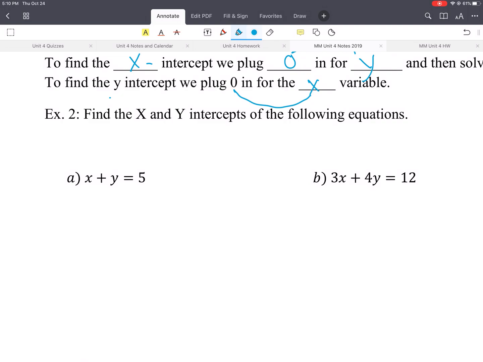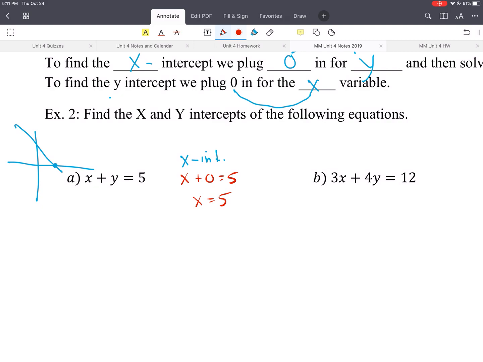We want to find the x-intercept, so we want to find when y equals 0. Again, if we do a little graph, the x-intercept will always be when y is 0. So we're going to do x plus 0 is equal to 5, and we end up just getting x equals 5.